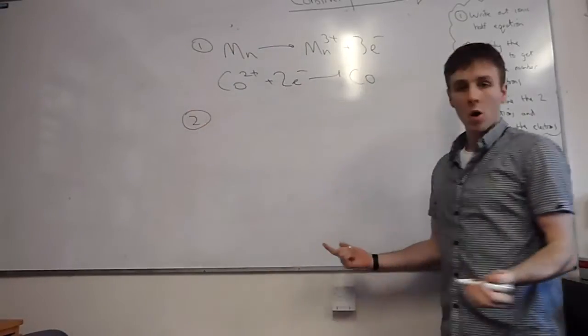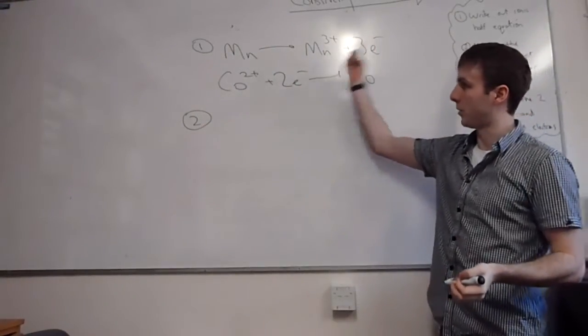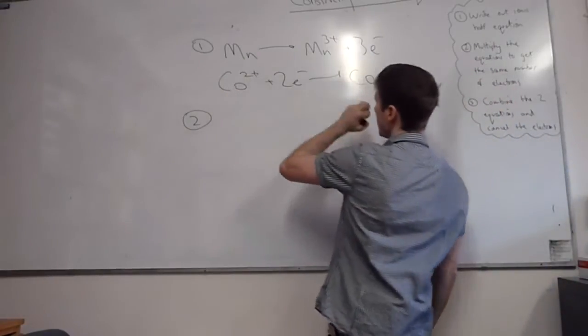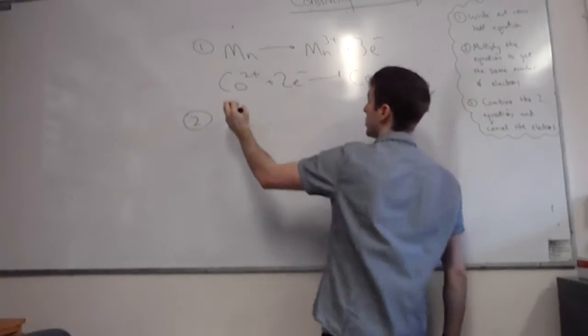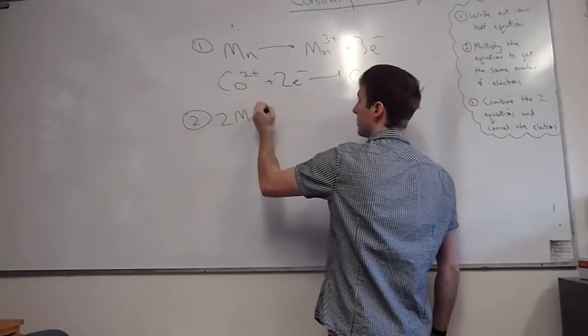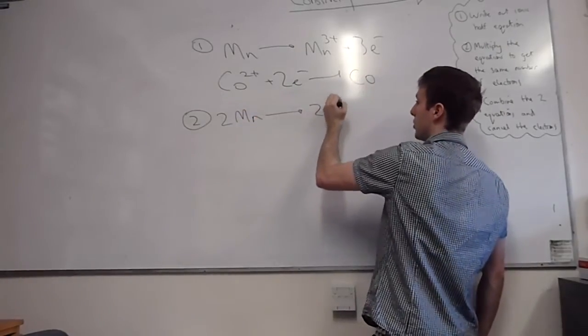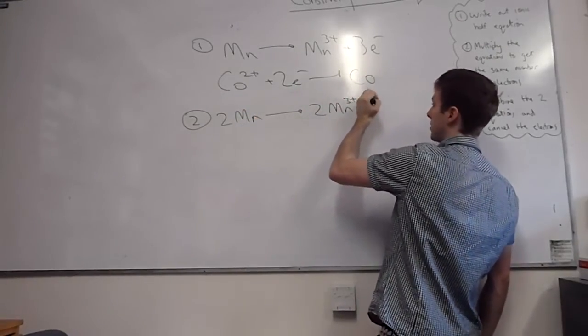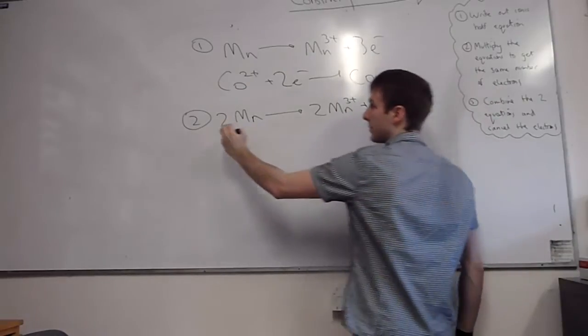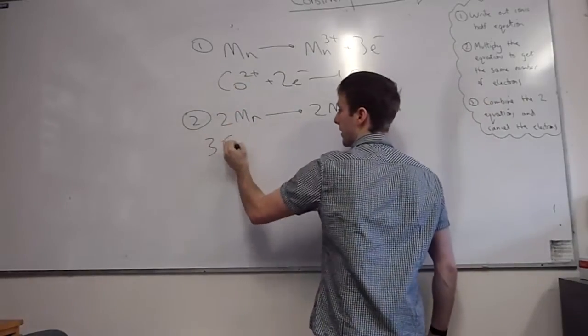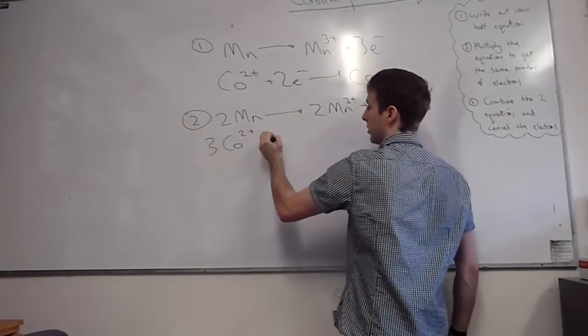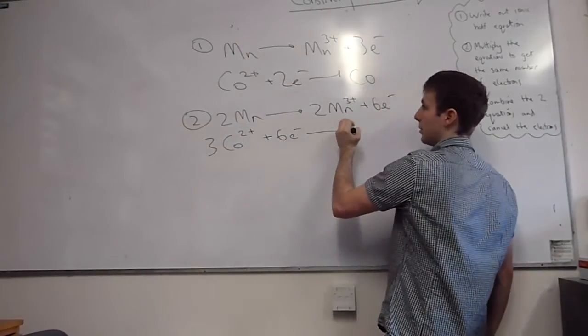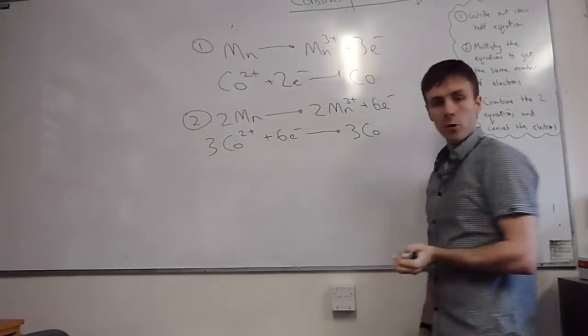Okay, so we find a common multiple. Obviously, common multiple of 2 and 3 is 6. So I'm going to need to times this top equation by 2. So 2Mn goes to 2Mn3+, it's a tongue twister, plus 6 electrons. 2 times 3 is 3Co2+ plus 6e- goes to 3Co.